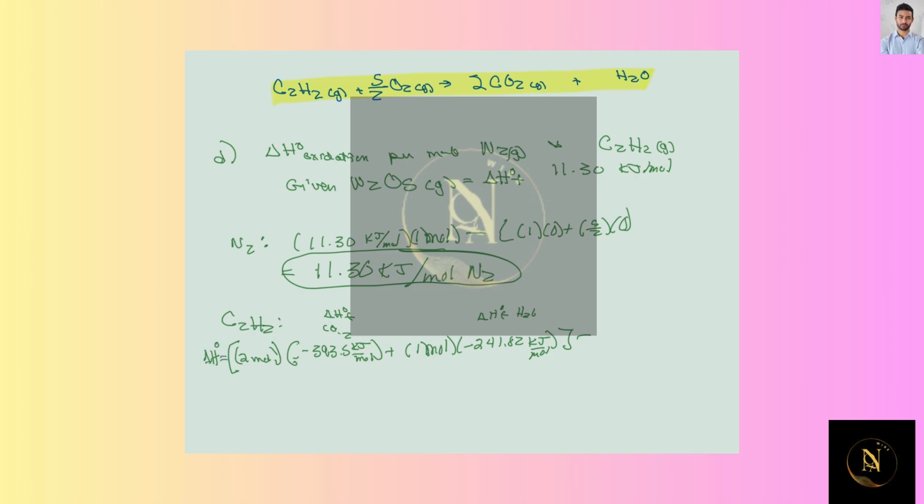Then we're going to subtract from that 1 mole times 226.77 plus 5 over 2 times 0. Perfect.